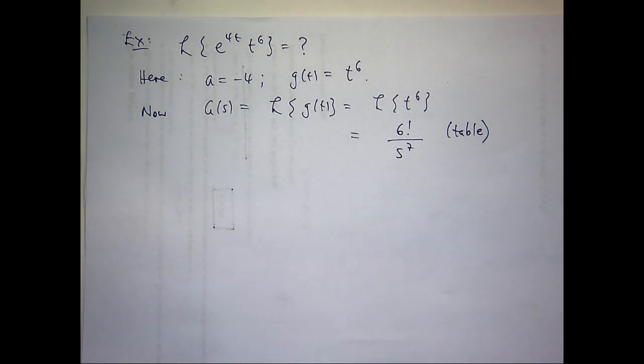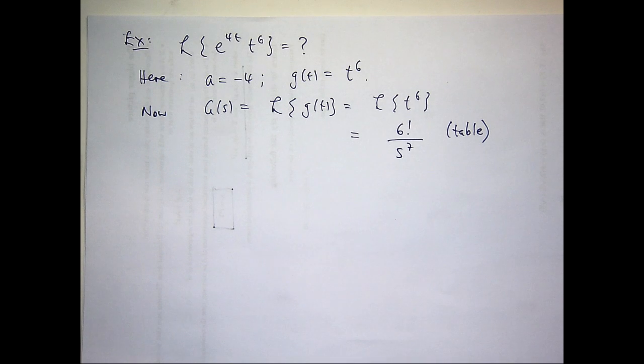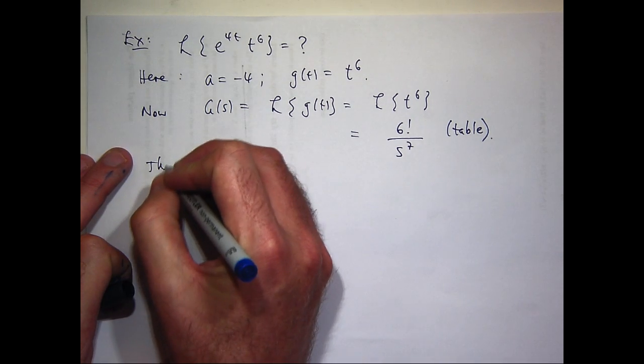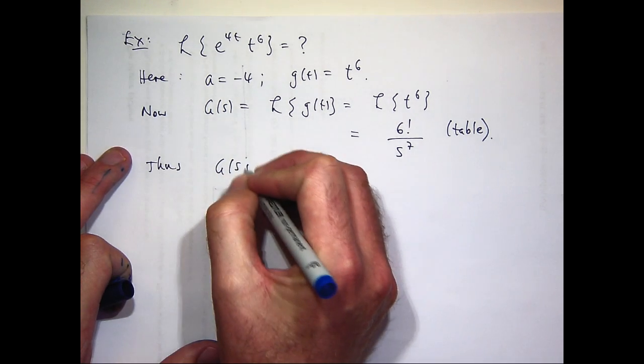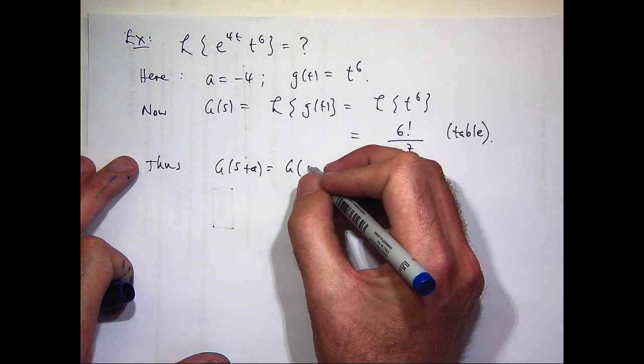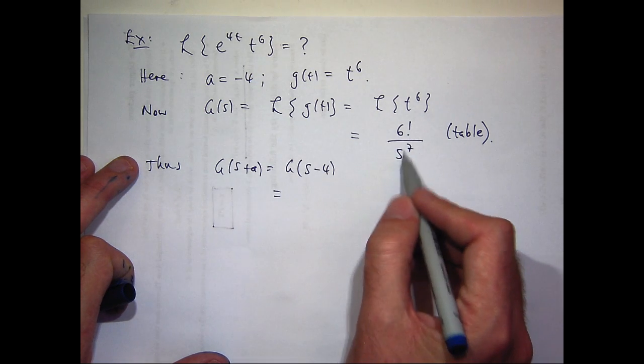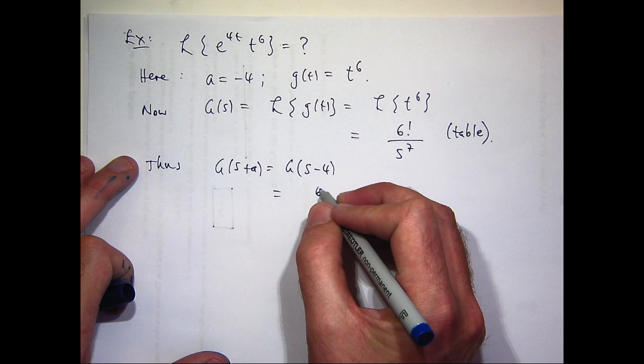Okay, well, what we want to do now is shift this a units. So a is minus 4. So in this case, we replace s with s minus 4 in brackets.